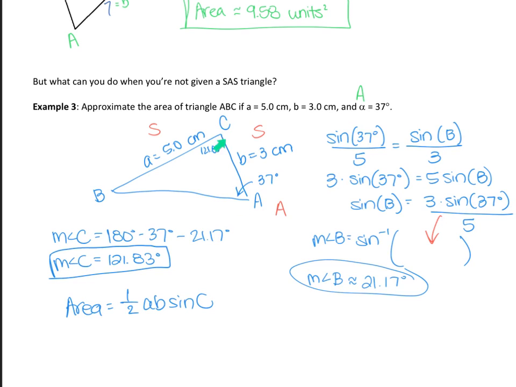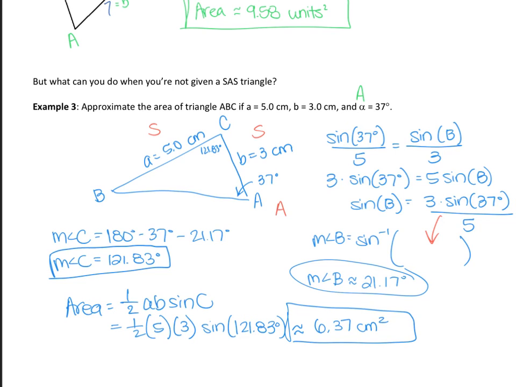because we know the length of A, we know the length of B, and we know the measure of angle C, which is the included angle between those two sides. When we substitute all our known values into the equation, one half times 5 times 3 times sine of 121.83 degrees, we get an area of 6.37 centimeters squared.